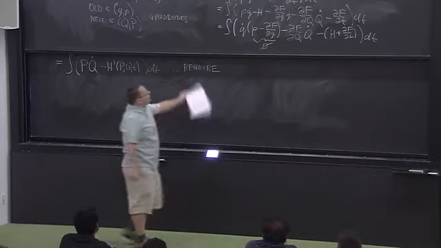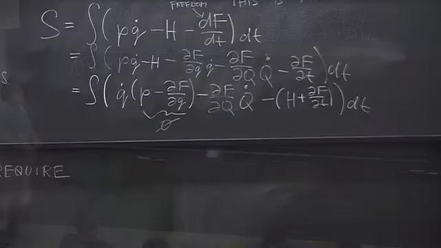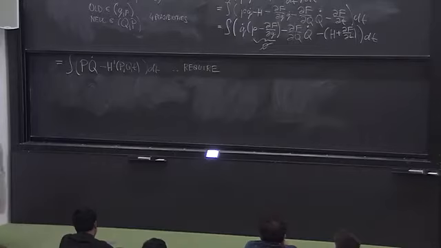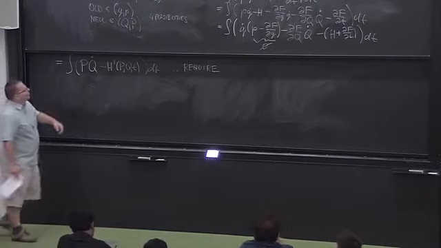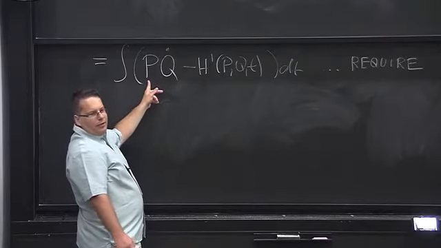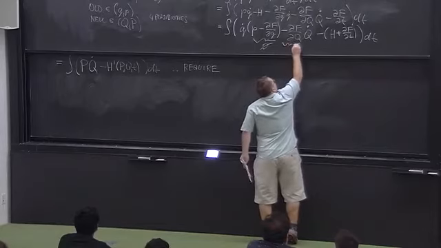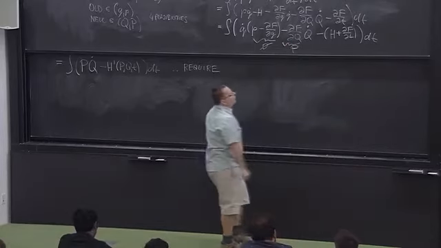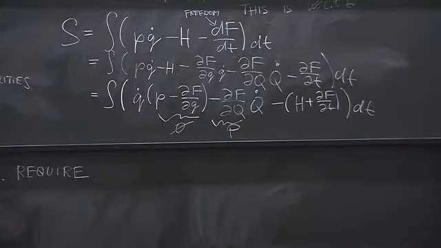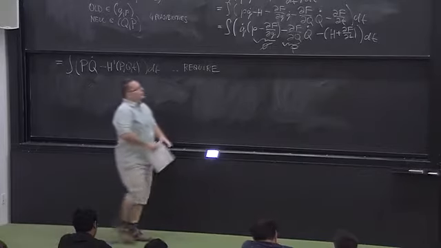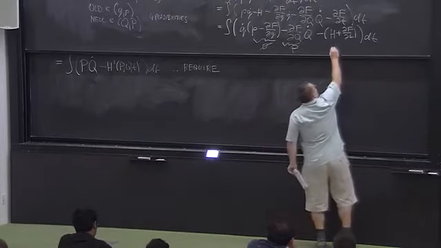I want to kill the term with small q dot because I don't have it here, so whatever stands there has to be equal to 0. Then whatever stands in front of capital Q dot has to be P. So this thing has to be capital P. And then I have minus H prime, so whatever is left must be H prime.